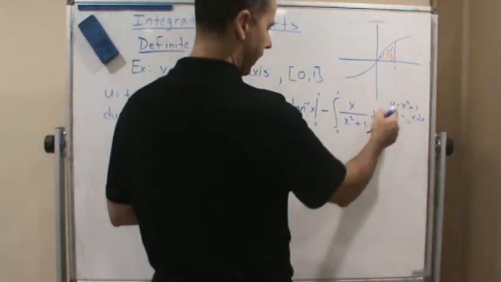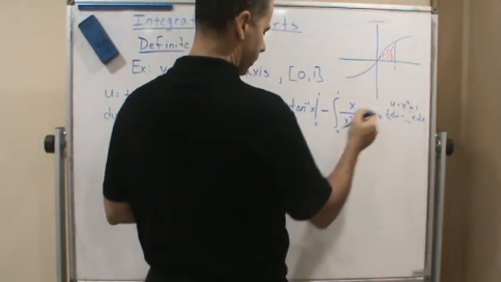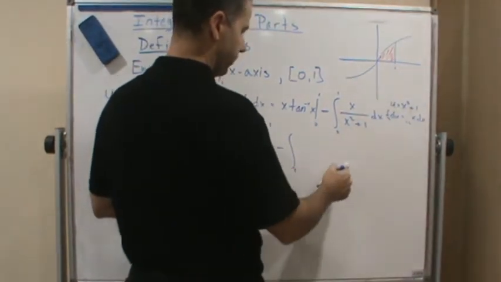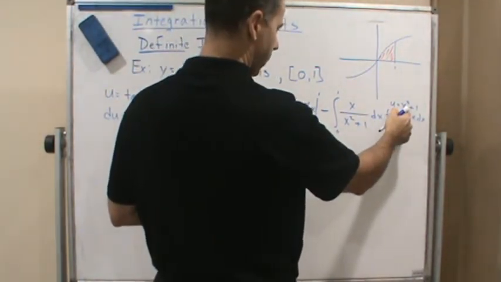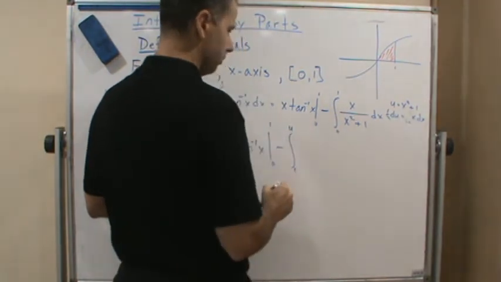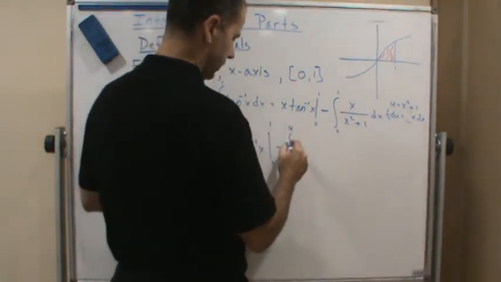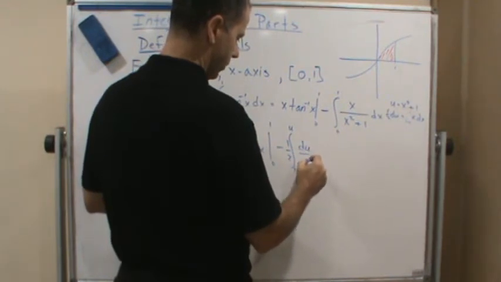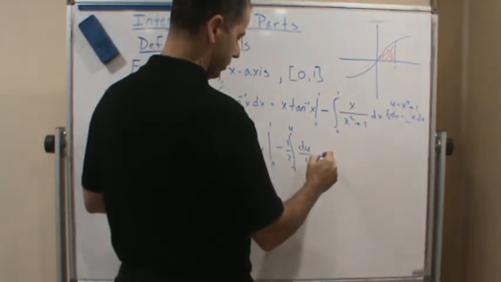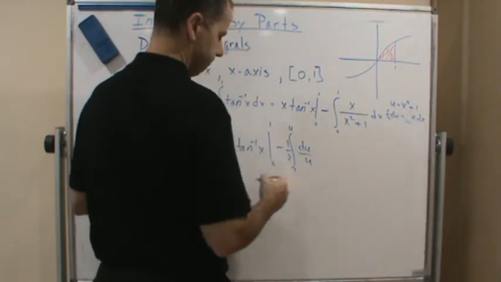So when x is 0, u is 1. When x is 1, u is 2. And we get 1/2 du over u, right?